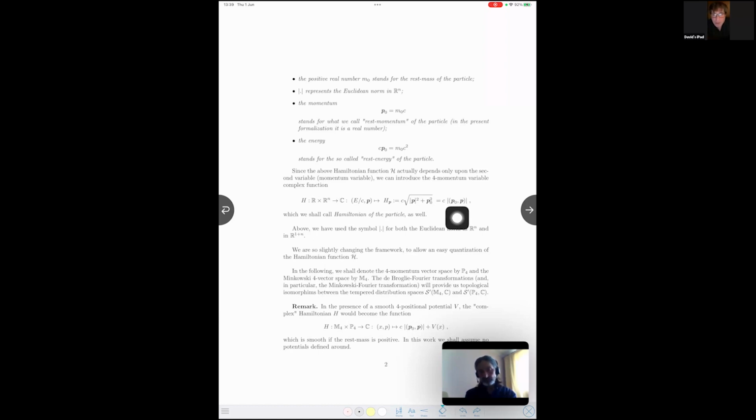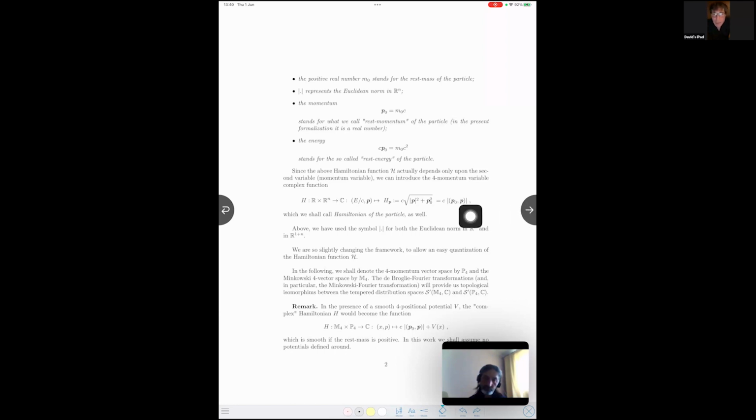For example, in this case, we have a duality. On one hand, we have the Hamiltonian function and then the Hamiltonian operator. On the other hand, if you use the Minkowski norm of the corresponding four-momentum, you obtain m0 c, which is an invariant of the system, such as m0 c squared.